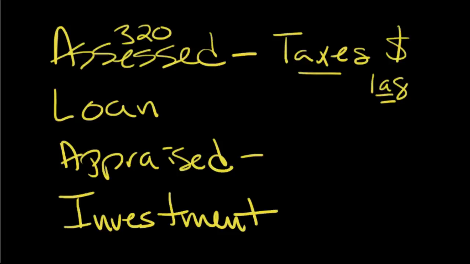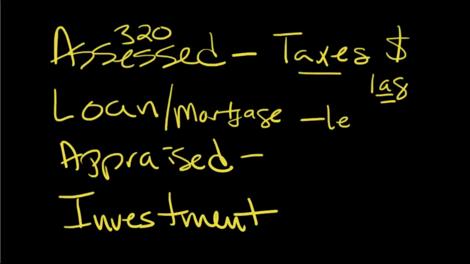Now, the next one is loan value. This is the value that kind of speaks for itself. This one's pretty easy, folks. It's sometimes referred to, by the way, as mortgage value. This is obviously the amount that the bank is willing to lend.